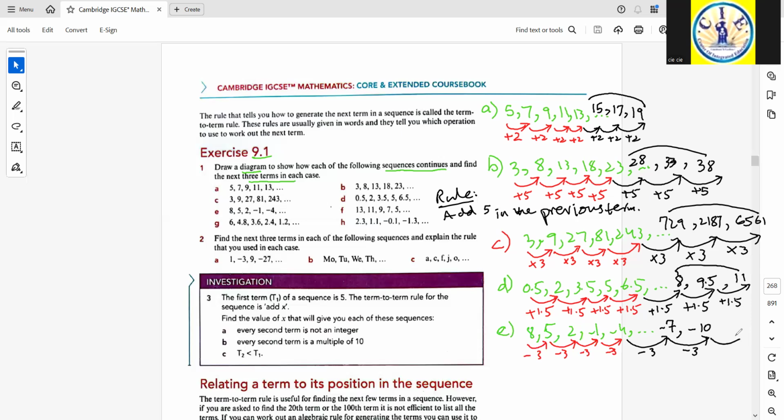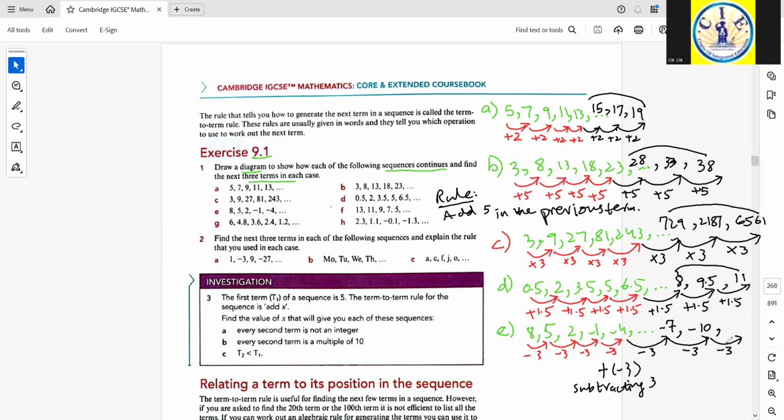And again, subtracting 3. Okay, it's not actually the subtraction. You can say that adding -3 or subtracting 3.